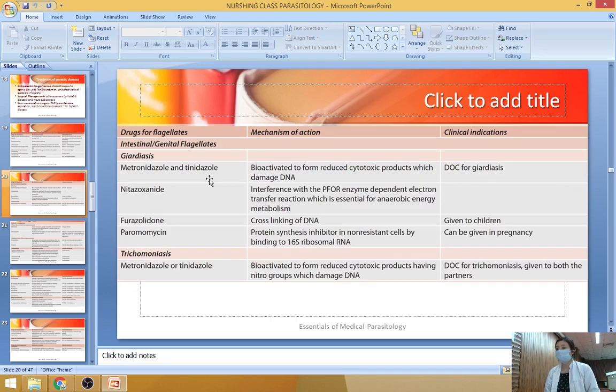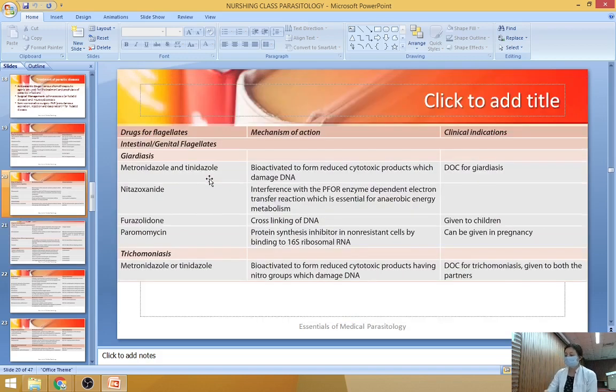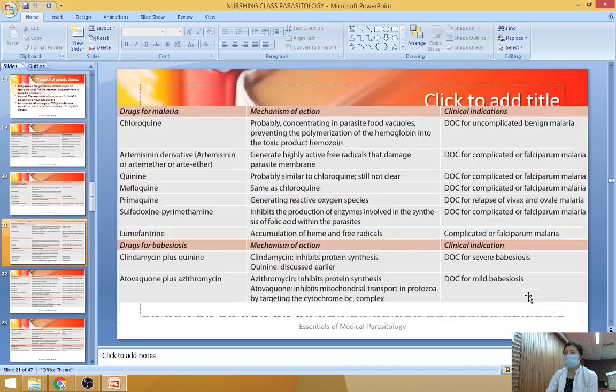Giardiasis, Dr. Sagar will take, so he will explain there. Then trichomoniasis, vaginalis: metronidazole or tinidazole. Trichomoniasis is treated in both partners, both the male and the female. Then Chagas disease, not that.